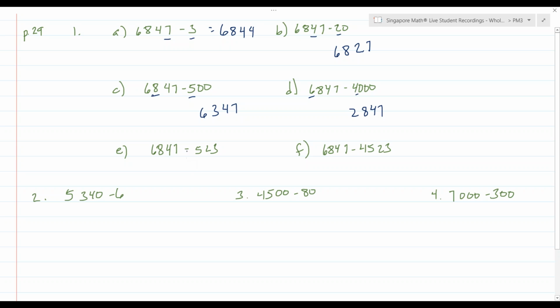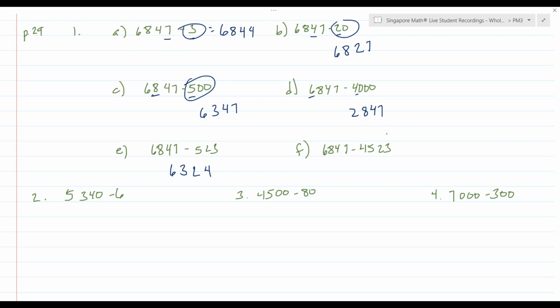And then, do you remember doing exactly this idea on the addition page? Now I'm going to subtract 500 and 20 and 3 all at the same time, but notice I always have enough to subtract. I still have the 6,000. My hundreds are now 3. My tens are now 2. My ones are now 4. I could look at that left to right and subtract it really quickly, especially because I have enough to subtract each one.